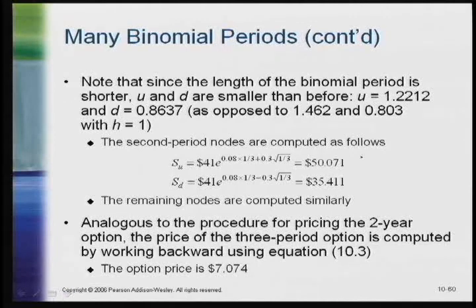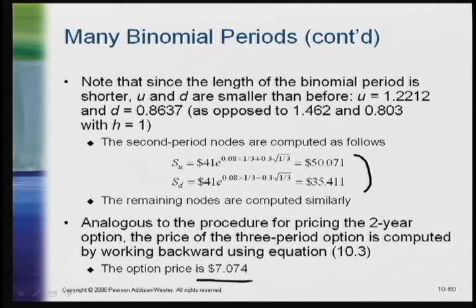Here are the formulas in more detail for Su and Sd, just using the adjusted values of h. And if we do the backward substitution as we did in the prior module, we will ultimately get an option price of $7.07.